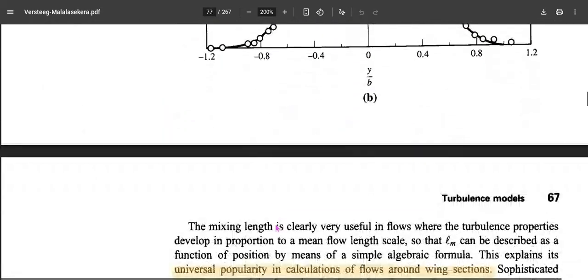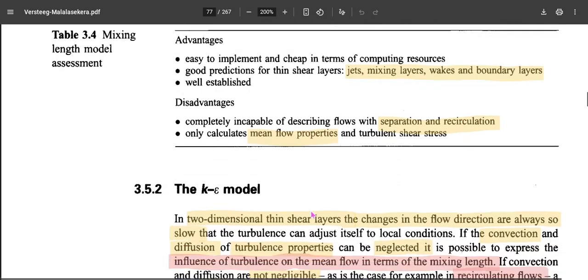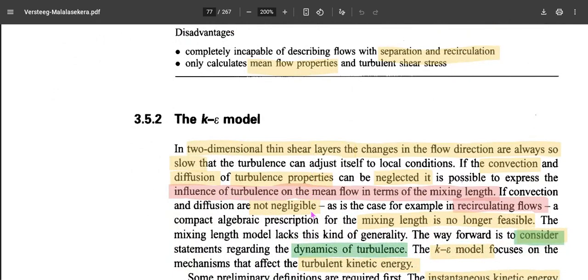One of the disadvantages is that it couldn't capture flows which have large separation and recirculations. To address that, there is another closure model called the k epsilon turbulence model. This k epsilon turbulence model can address the issues which occur mainly because of the algebraic nature of modeling the turbulent viscosity.